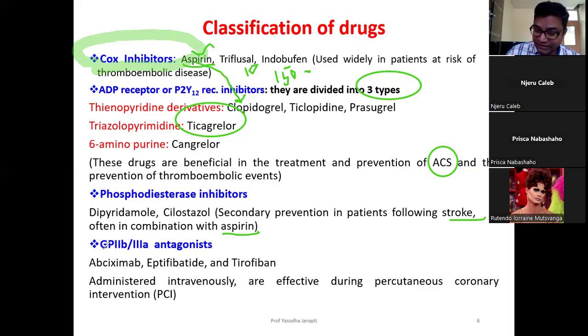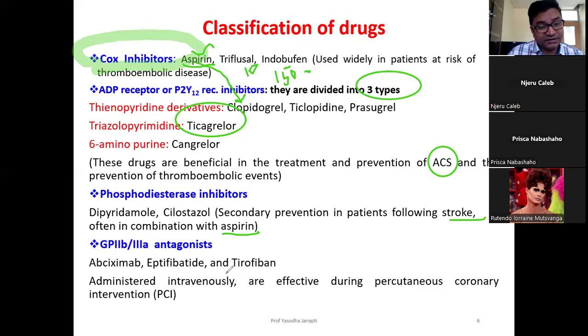Then the last drugs, very good drugs. Activation of these two receptors causes massive accumulation of platelets so that the bleeding can stop. Now if they block this, a wide range of clotting will be stopped. Now you see abciximab, eptifibatide, tirofiban.